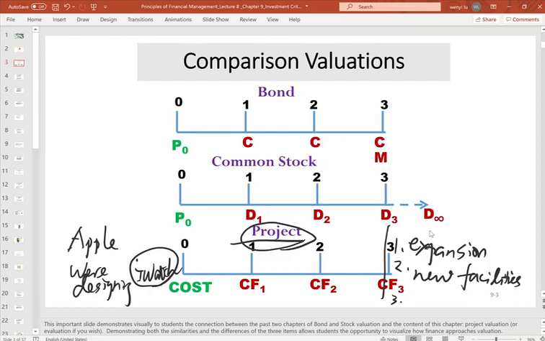First, they will forecast the potential future cash flows. Then they will compare them with the initial cost to see whether they can make a profit by taking this project. If the future cash flows generated from this project are more than the initial cost incurred at the beginning, they will take this project. If not, they will reject this project.